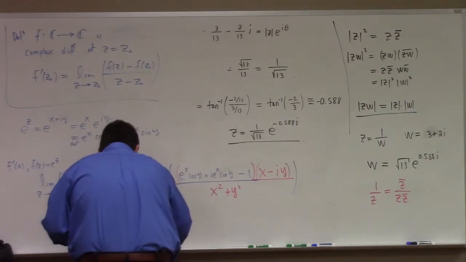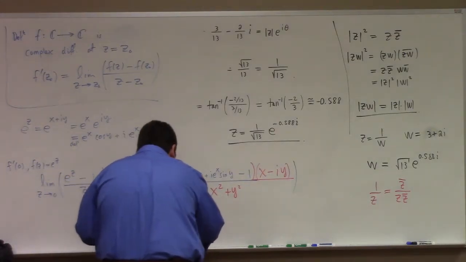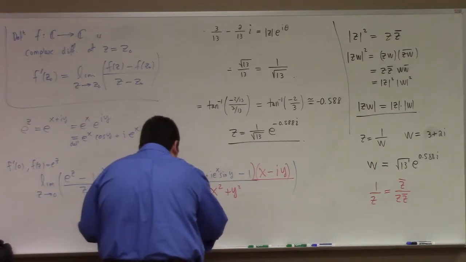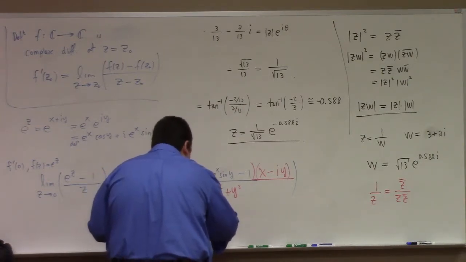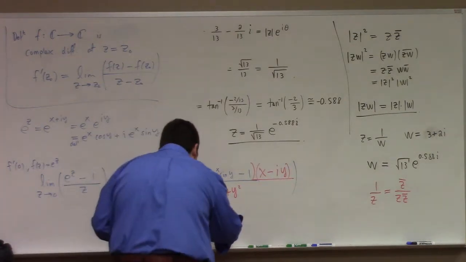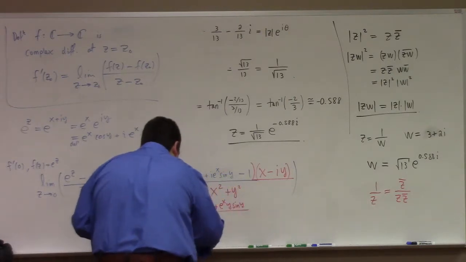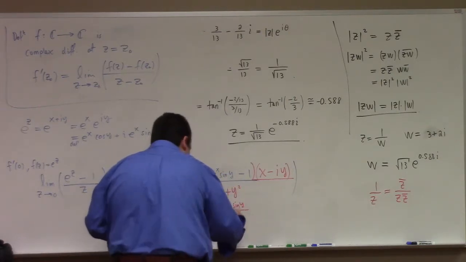They can't be too bad, right? It's the exponential. It's your friendly neighborhood exponential. It's harmless, right? So you got e to the x times x cosine y, and then what else? Plus e to the x y sine y divided by x squared plus y squared. That looks to be the real part.